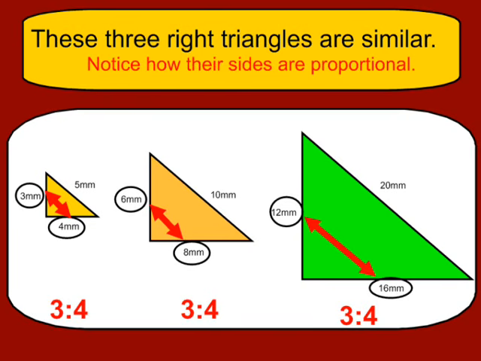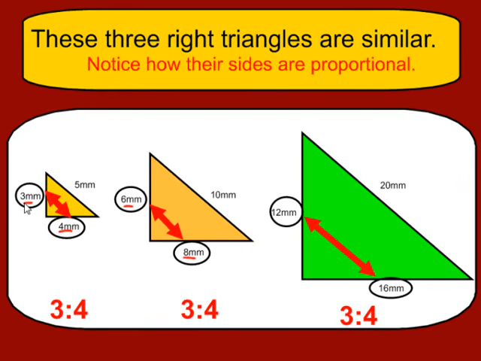So here we have three similar right triangles. They all have the same shape, and they are similar. And the way that we know that they're similar, if you look at their sides, the smallest one has a ratio of 3 to 4 when you're comparing these two sides. The ratio of the middle size right triangle is 6 to 8.